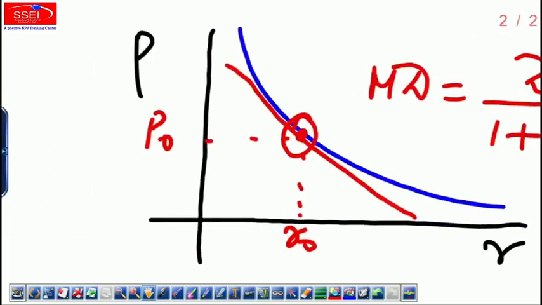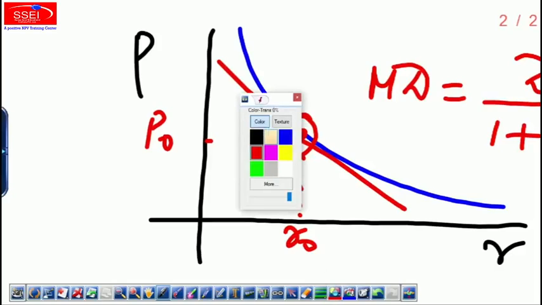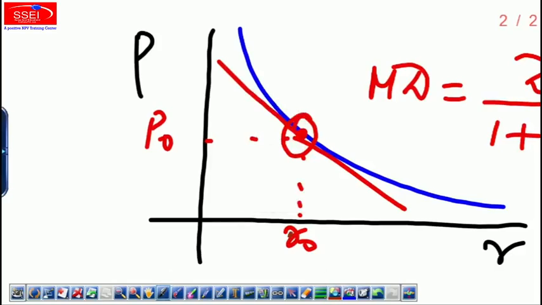Now MD assumes a straight line relationship between price and yield, which is wrong. Let me redraw the graph, it is not very perfect. Yes, now it's okay. So when the yield is falling, the price is not rising over here, the price is rising extra.